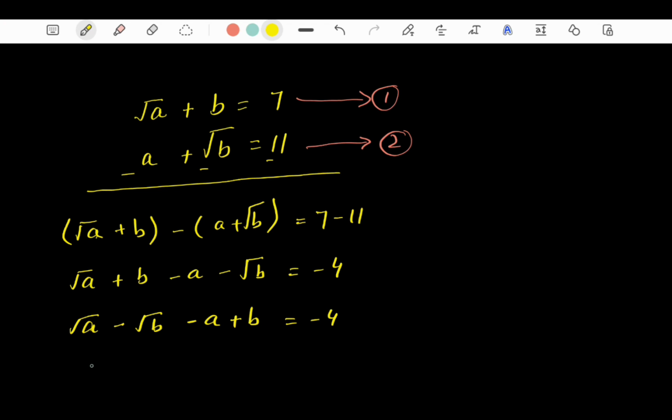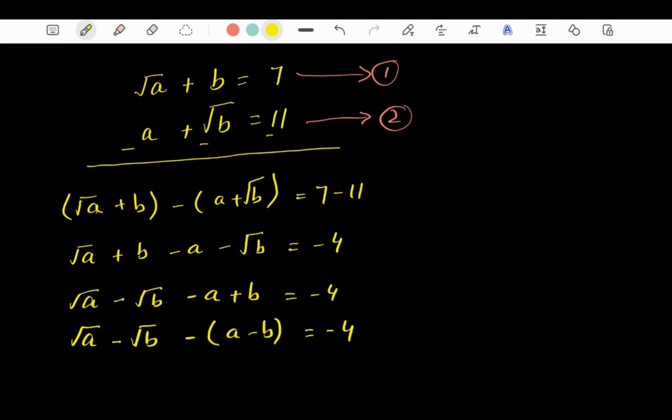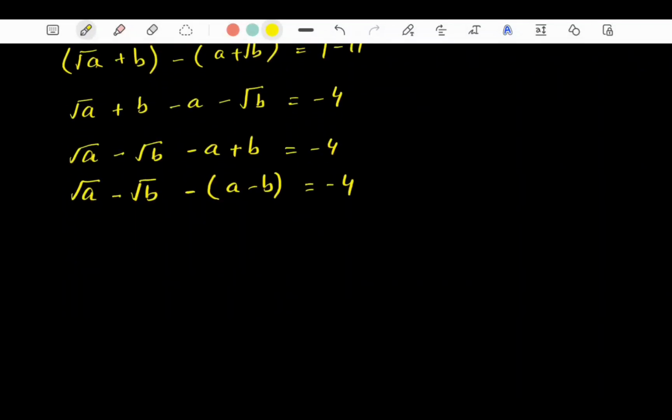So here we have square root of a minus square root of b minus, if we take minus common, this will be a minus b, is equal to minus 4.